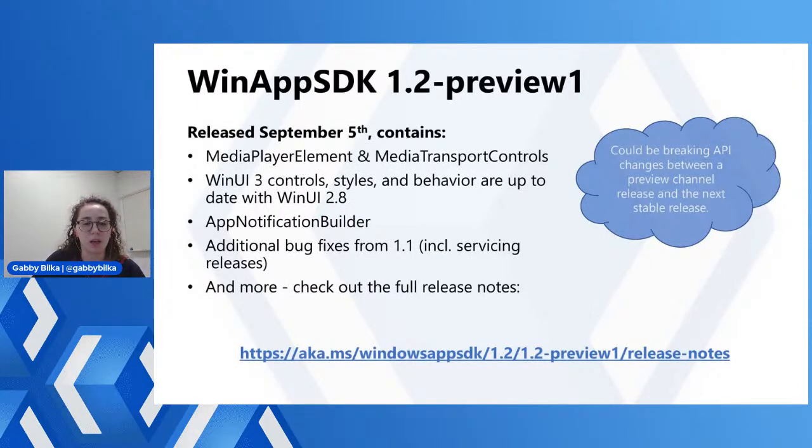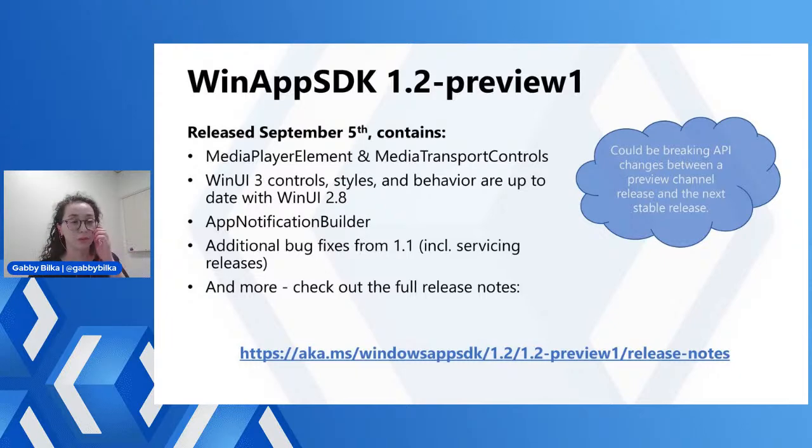Windows App SDK 1.2 Preview 1 came out a bit earlier in September. On September 5th, we released it, and it contained the media player element. As we mentioned, WinUI 3 control styles and behavior are up to date with WinUI 2.8. We've also added the app notification builder, which helps create notifications.